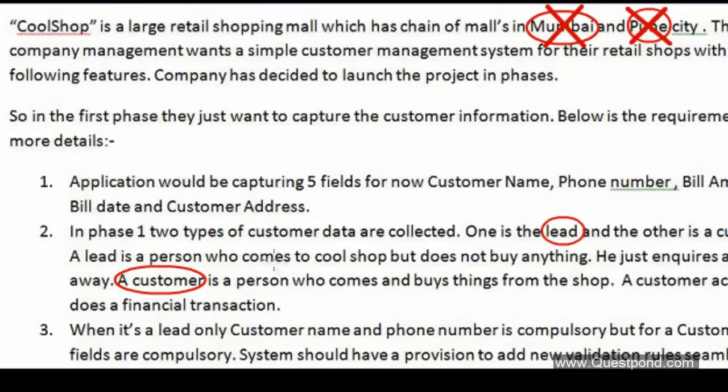For example, there are nouns like the Cool Shop or Mumbai and Pune, but they really don't have a direct impact on my project. Maybe there is some data which I will store in my database, like a city master or something, but they really don't have an impact as such on my code. But you can see that customer and lead are definitely nouns which I would be dealing with in my project, right? So from here, I'm dropping off 2-3 nouns like Mumbai, Pune, Cool Shop. But yes, these 2 nouns, customer and lead, are definitely very important for me.